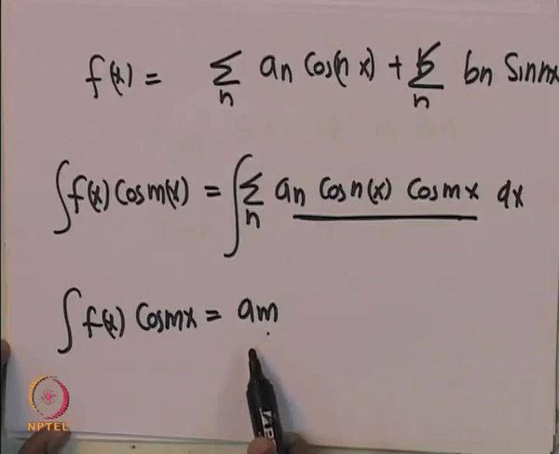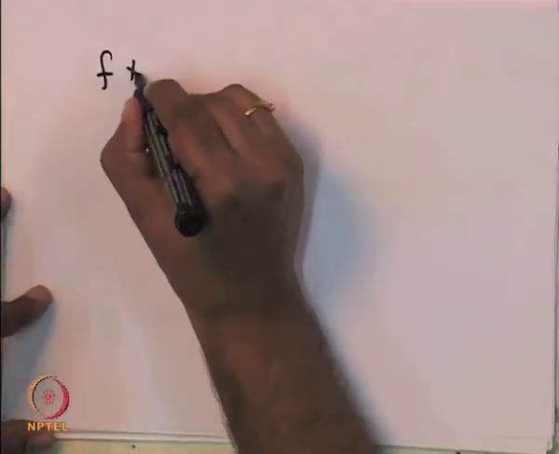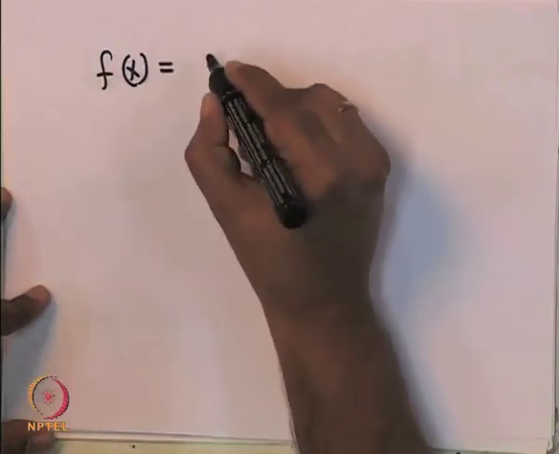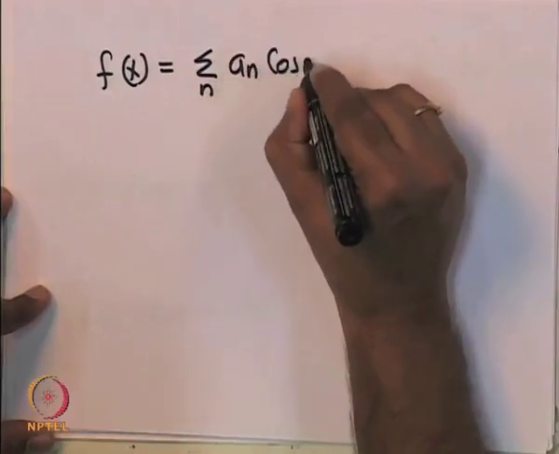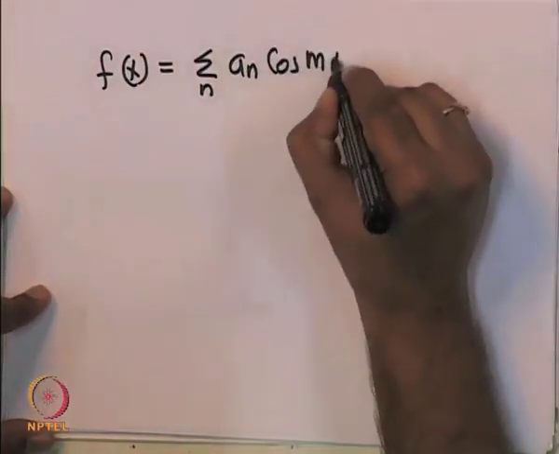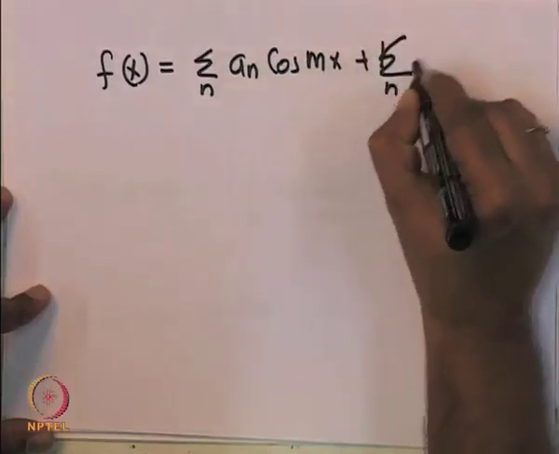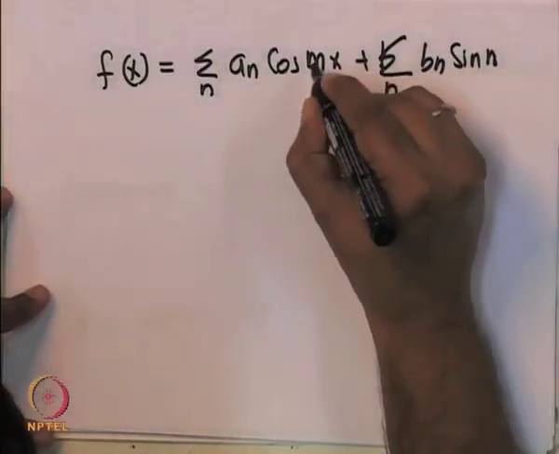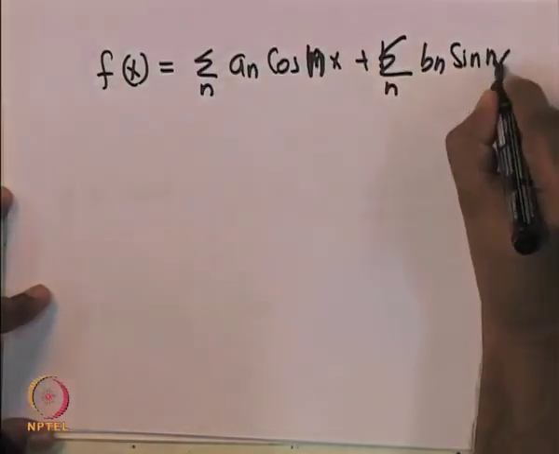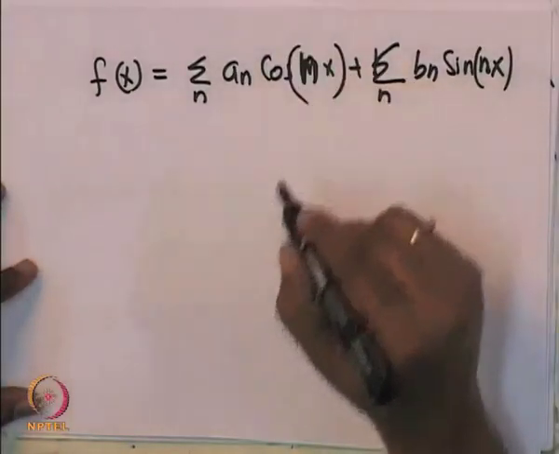Similarly, if you multiply with sine, so now let us look at sine. Similarly, f(x) is equal to the sum over n of a_n cos nx plus the sum over n of b_n sin nx, cos nx and sin nx.